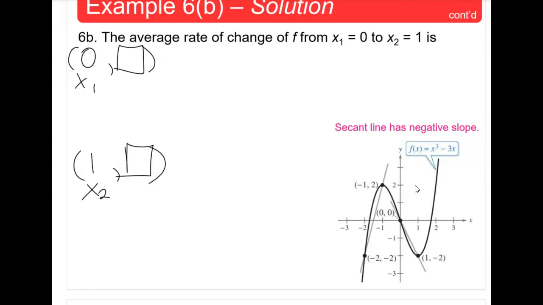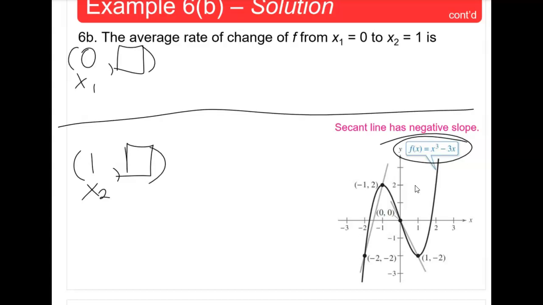Now, we're going to pretend that we don't have the graph, but we only have the equation. So for that, we're going to have to substitute. What we're finding here is f of x sub 1, which is equal to f of 0.